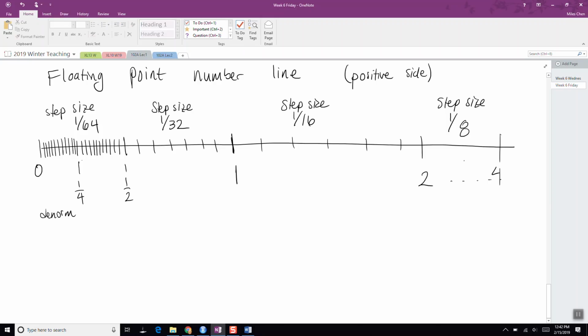The step sizes keep increasing until we get to some point where it reaches infinity.